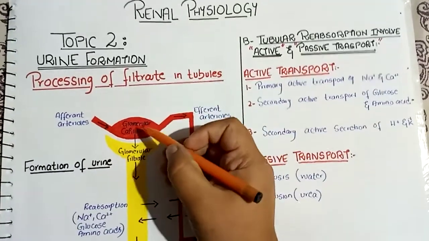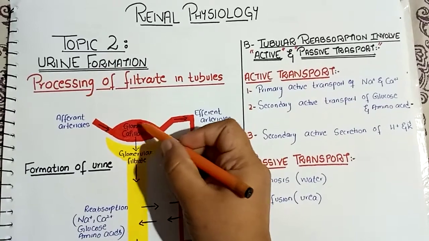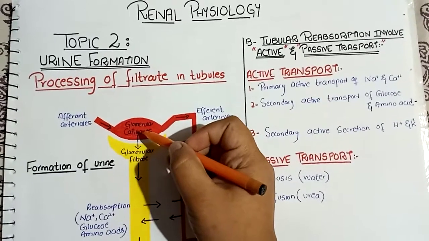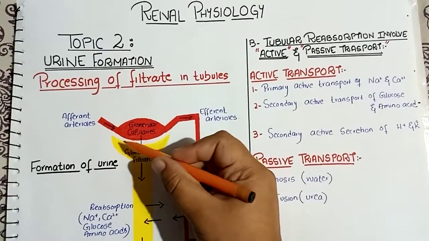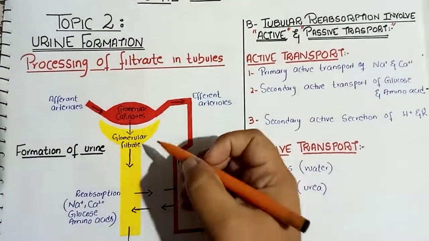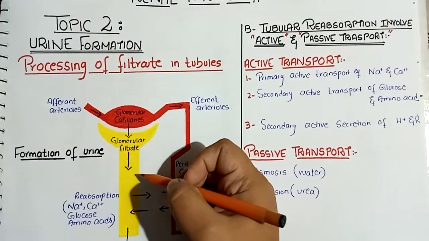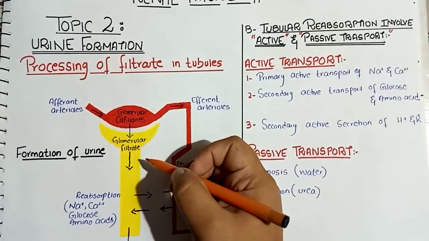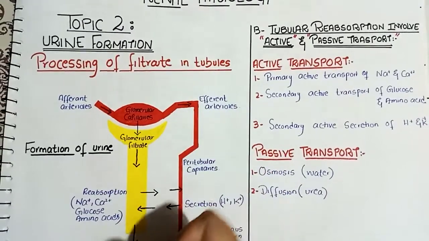So let's start. The filtration of the plasma occurs within the glomerulus and the filtrate appears in the Bowman's capsule. This is called the glomerular filtrate. The glomerular filtrate then goes to the proximal tubule, loop of Henle, then distal tubule and the collecting duct, and then from the collecting duct it will go to the pelvis.